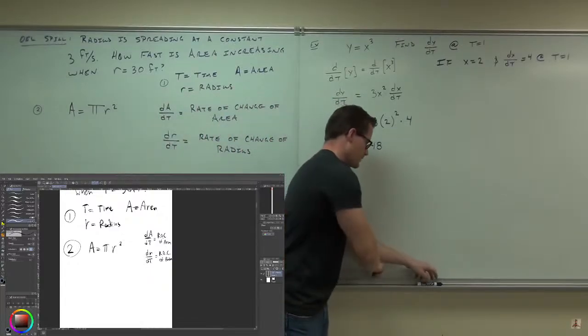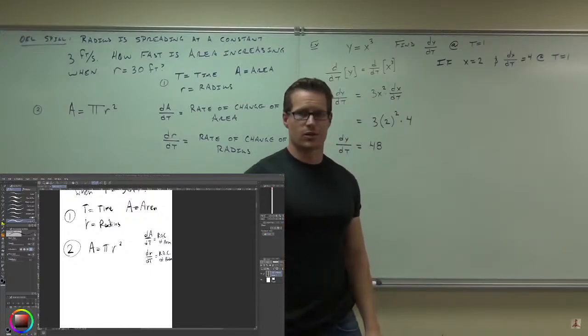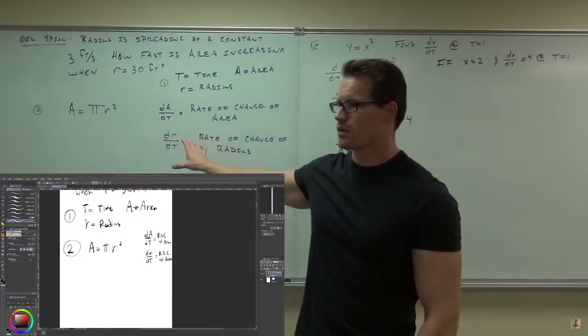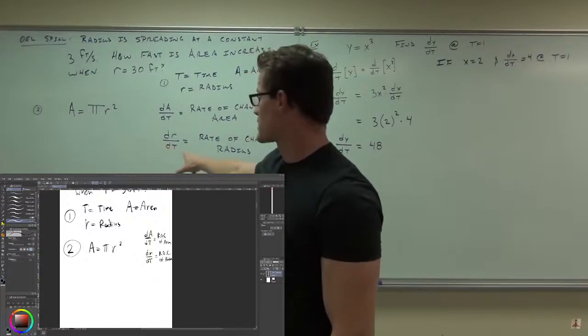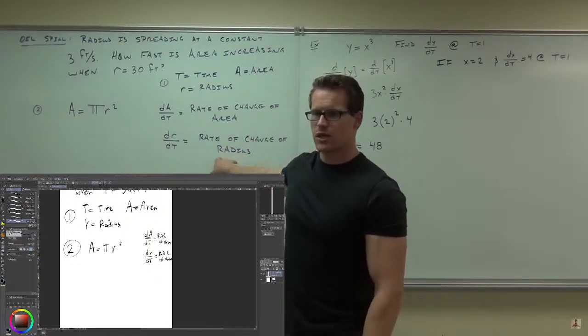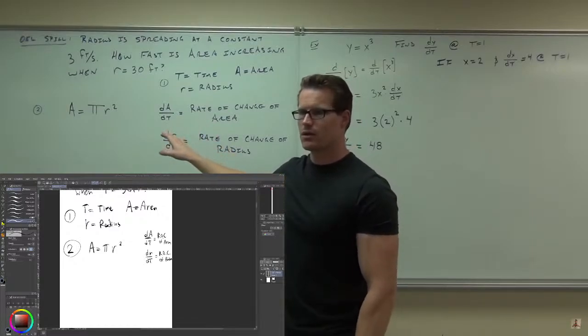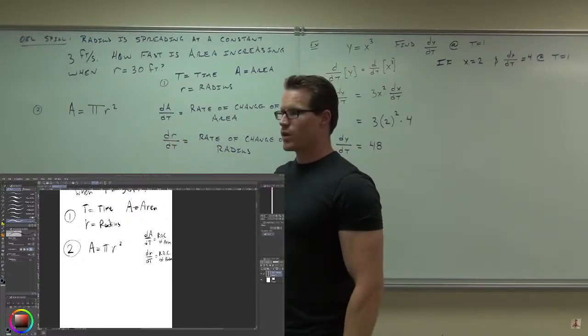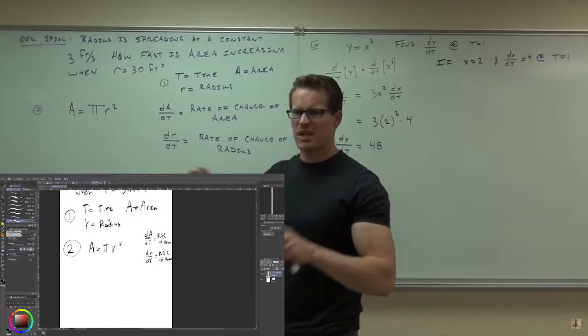By the way, do you know what dr/dt is going to equal for our specific problem right here? It should say in the word problem. This says the rate of change of the radius, in feet per second. What's the rate of change of our radius? Is it 30? No. That is the radius. What is the rate of change of the radius? It should be how the radius is changing.